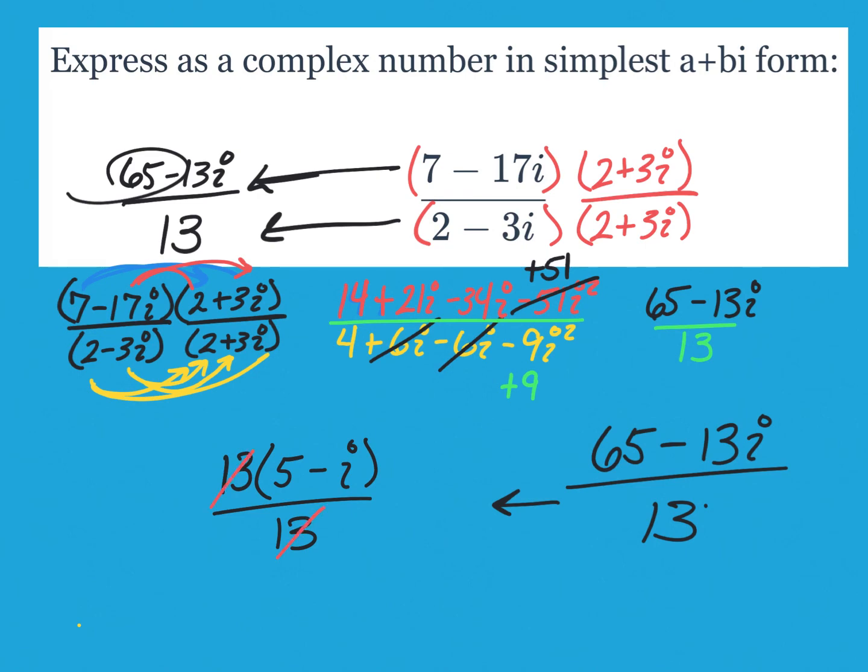So this answer is 5 minus i. So always be careful, check for GCFs. Probably would have missed that one if I were in too big of a hurry, so make sure that we do check this. We had a GCF of 13, the 13 comes out evenly.